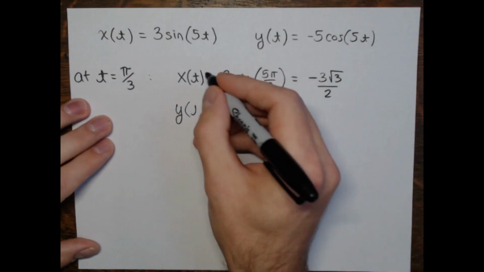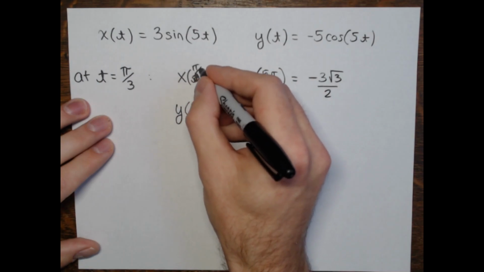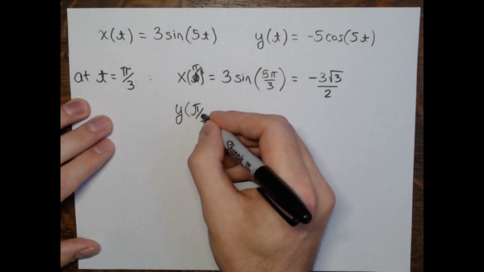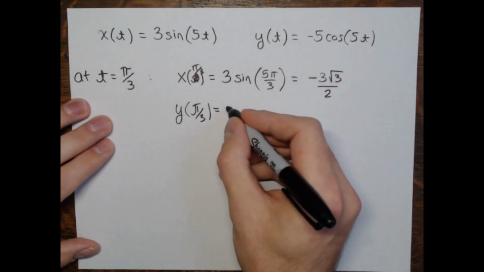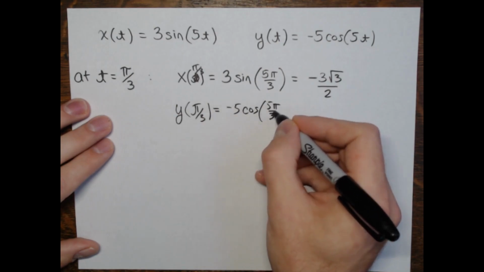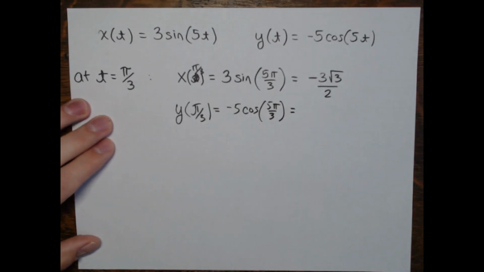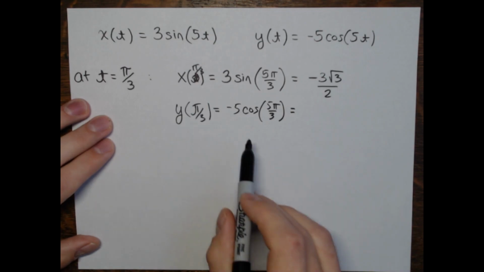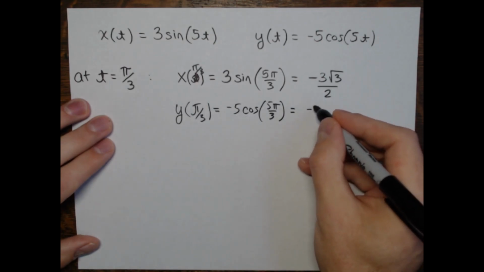And then y, I have to put pi over 3 here. Then y at pi over 3 would be negative 5 times the cosine of 5 pi over 3. Now the cosine of 5 pi over 3 is a positive half. So this is negative 5 halves.